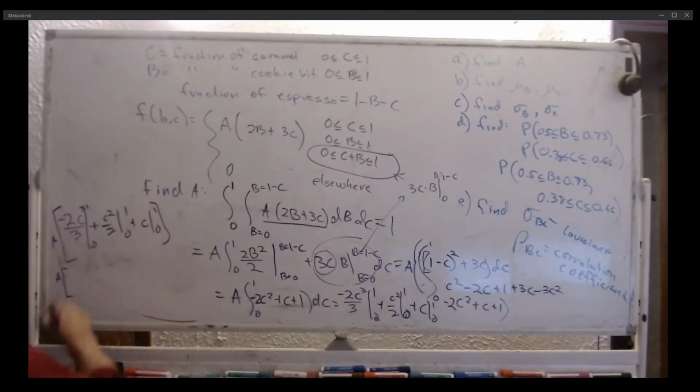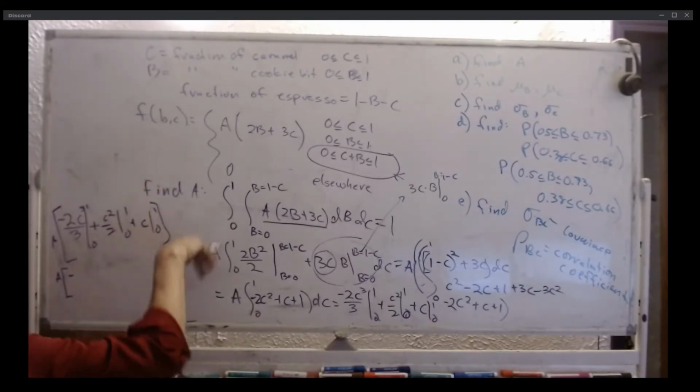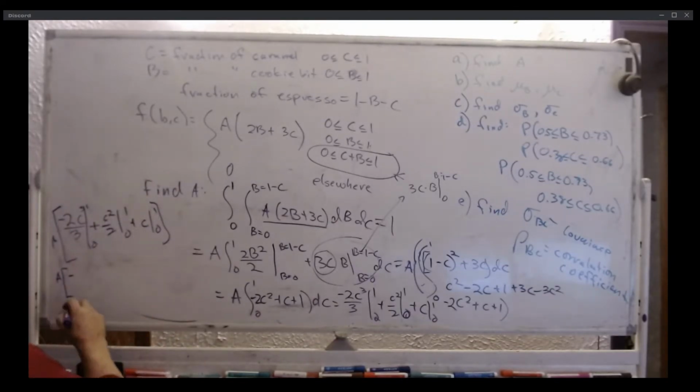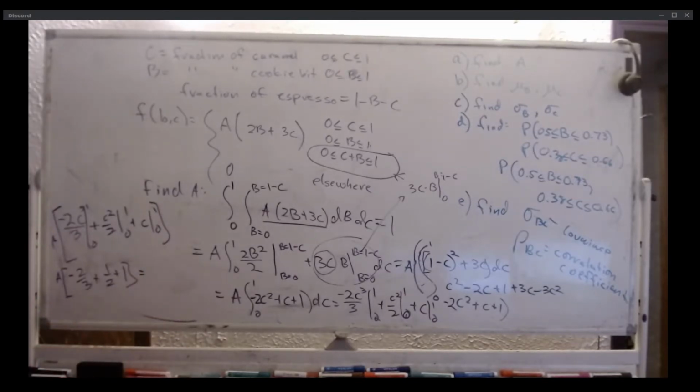Plug it in. The zeros at the bottom limit just go away, guys, because it's going to be minus 0 times everything. So just plug in the top limits of 1. So it's going to be negative 2/3 plus 1/2 plus 1. Is that what you guys get? Yeah. And 3/2 minus 2/3.